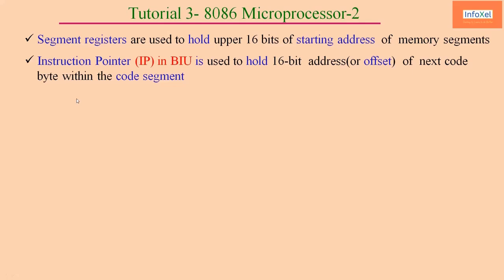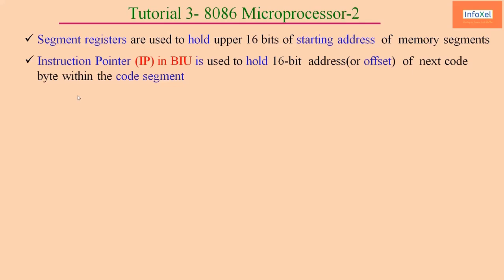Just now I mentioned memory is divided into 4 logical segments: code segment, data segment, extra segment and stack segment. These are all logical segments. So in the code segment we will store data as well as the instructions.